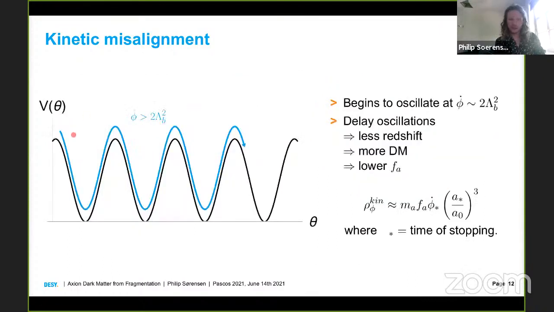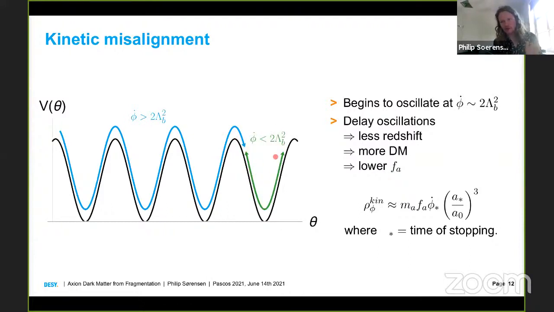So if you then assume that the field has some high initial velocity, instead of being frozen, it can really roll and pass barriers. This can happen as long as the kinetic energy is higher than the barrier height. Now, of course, Hubble friction will try to slow you. So over time, you will generally lose kinetic energy, and eventually your kinetic energy will drop below the barrier height, and you'll become trapped and begin oscillating.